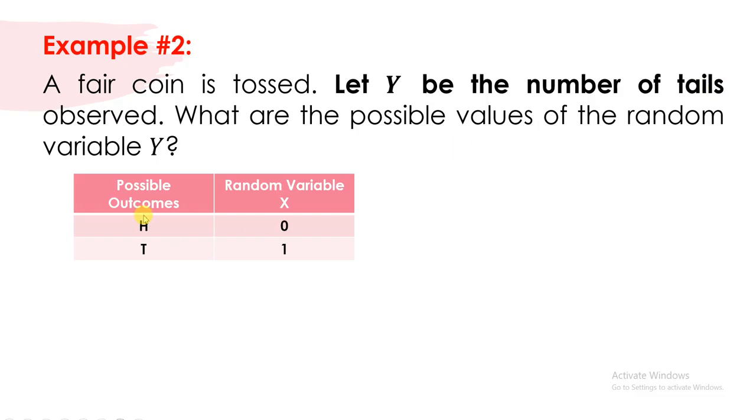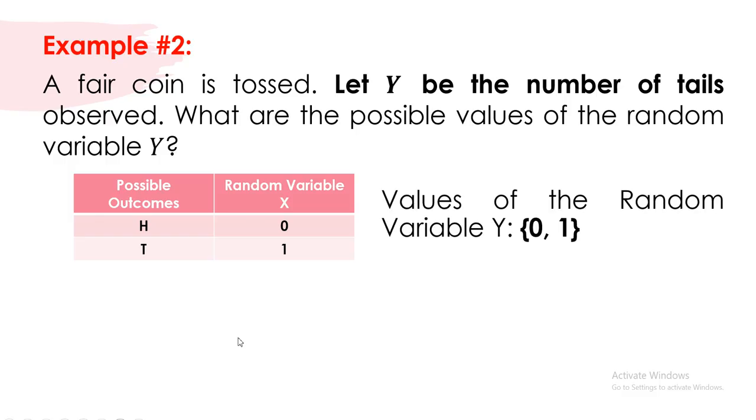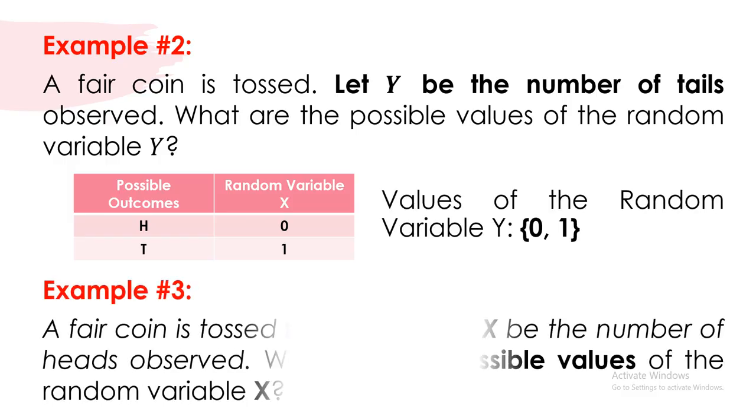So we are going to count the number of tails in each outcome. We only have here H, so the random variable here is 0. Here we only have T, and since y is the number of tails, we count that as 1. So the values of the random variable here are 0 and 1.